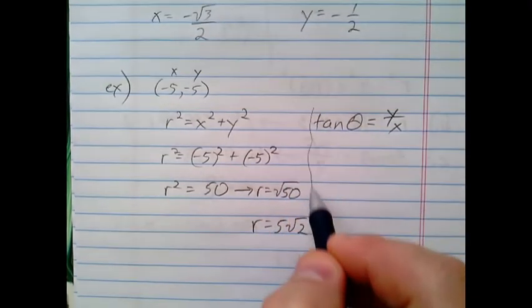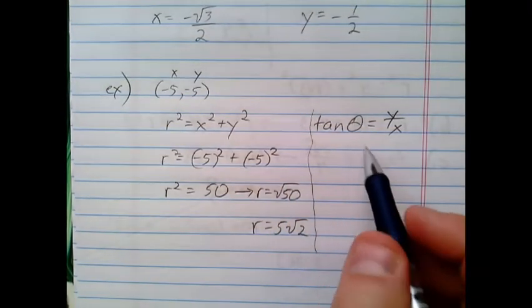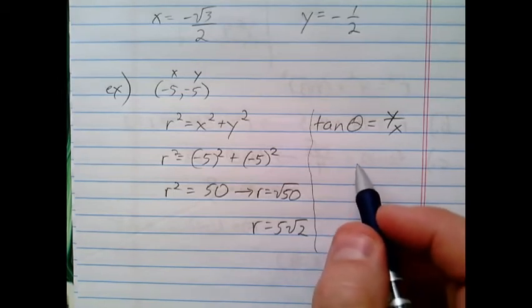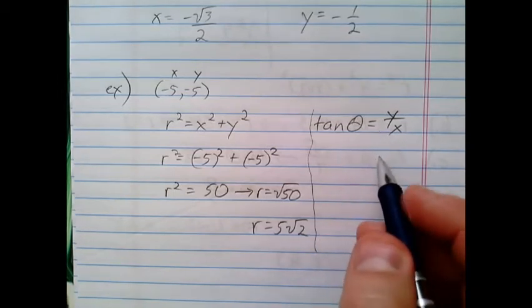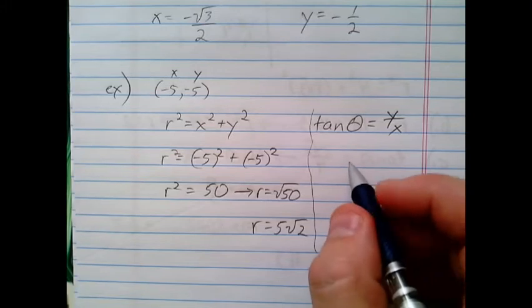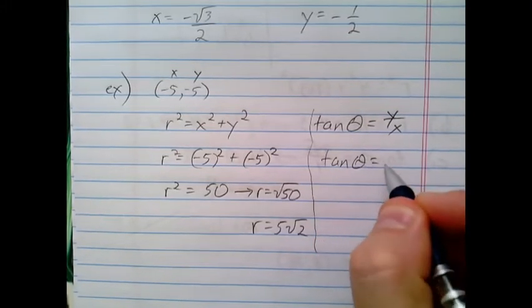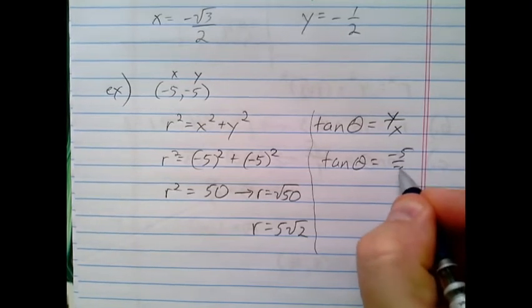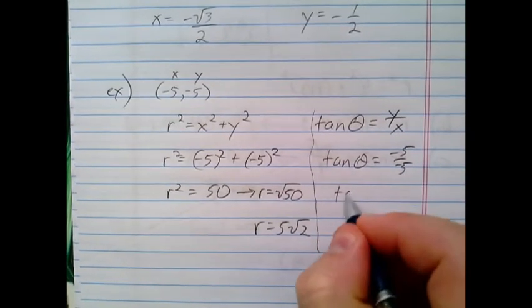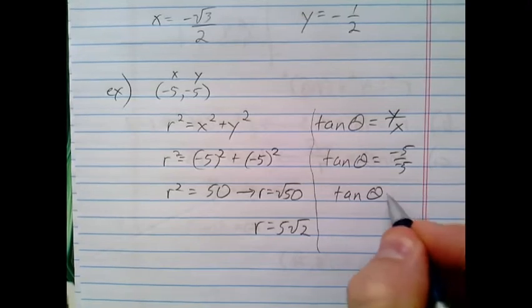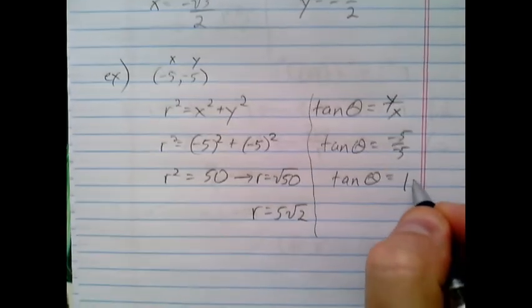Now, to complete this, I need to find the value of theta. So if tan theta equals y over x, then I can take tangent inverse. Well, let's first say that tan theta would be negative 5 over negative 5. So tan theta would be 1.